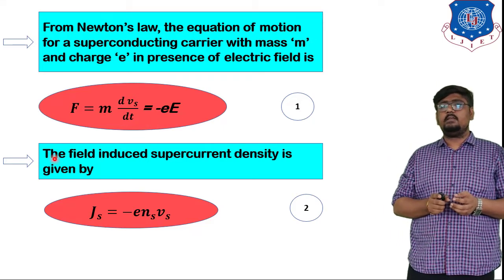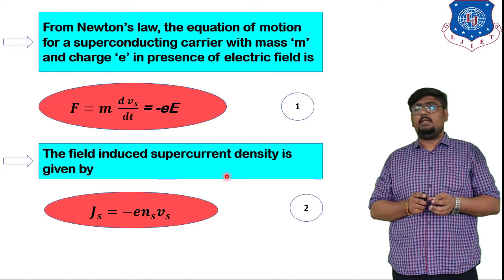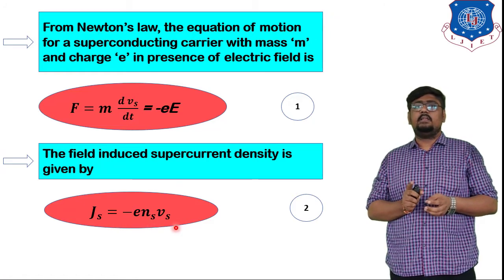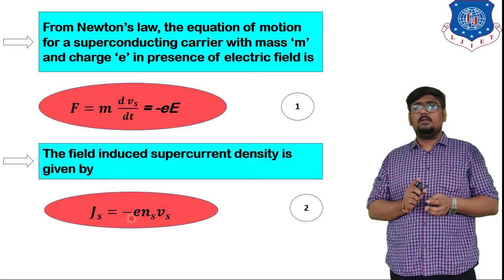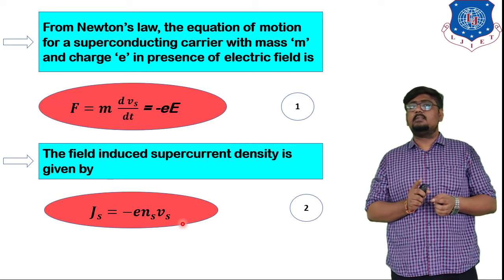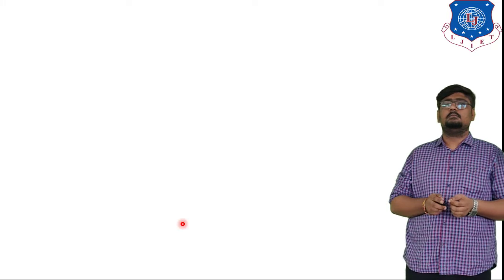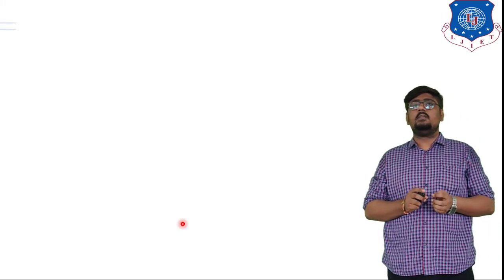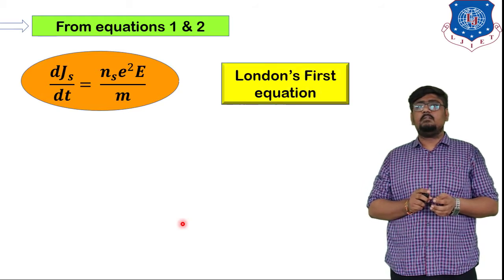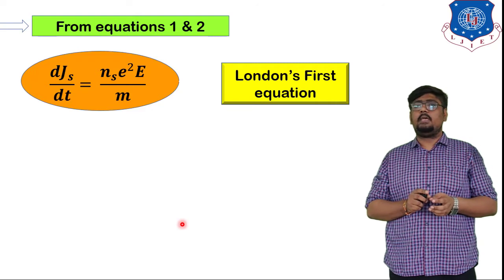Now the field induced supercurrent density is given by Js equals minus small e into Ns into Vs, where Ns is the density of superconducting carriers. Remember, this is equation number 2. Now from equations 1 and 2, on comparing, we get dJs by dt equals Ns e square into E by m.